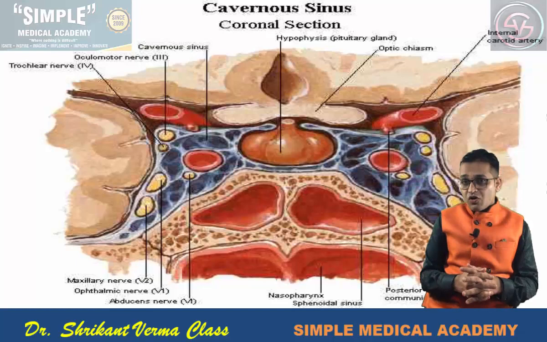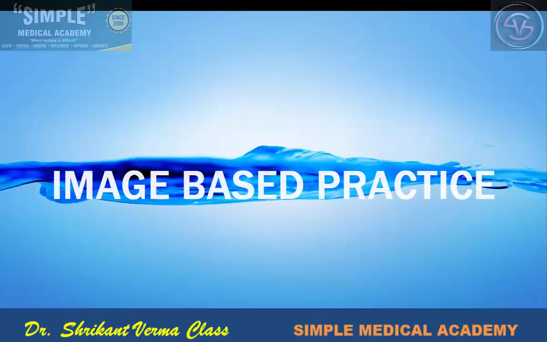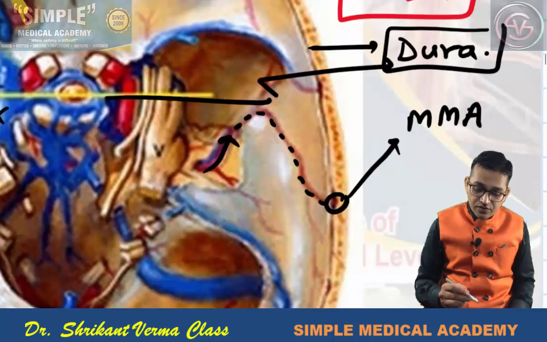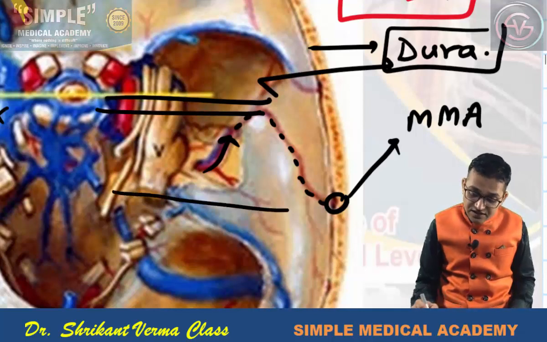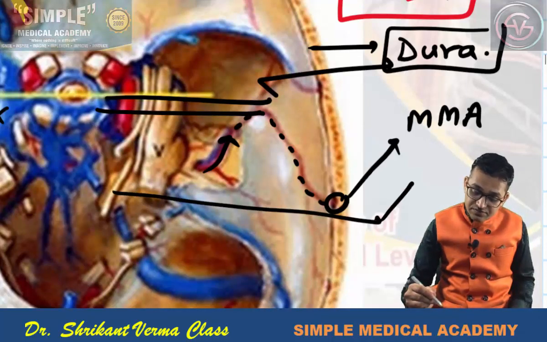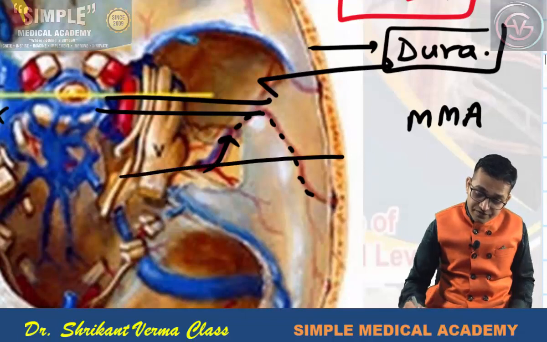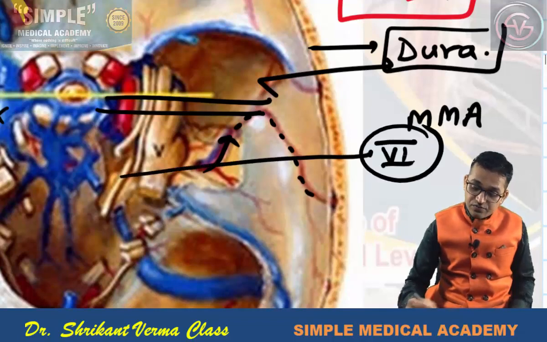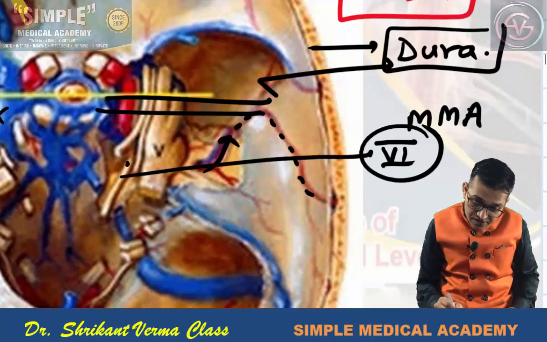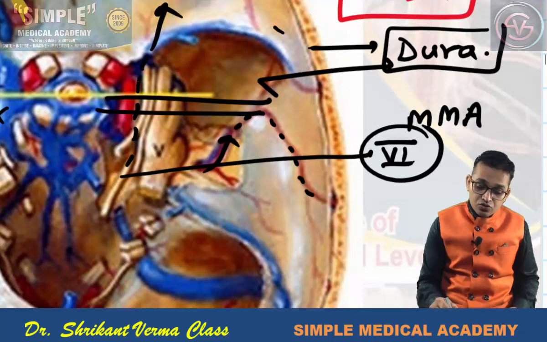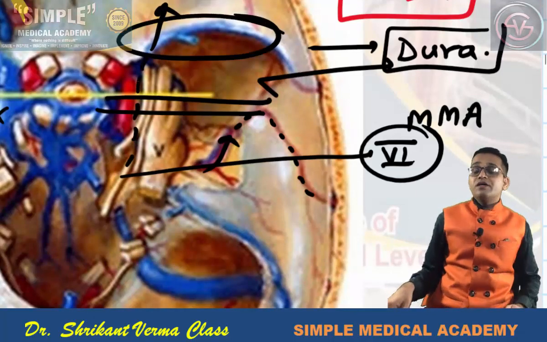So where is the location of the abducent nerve? When we are doing the dissection of the cavernous sinus, removing the cavernous sinus, then we can see that here is the location of the sixth cranial nerve. Now this sixth cranial nerve passes through the cavernous sinus and then goes inside to supply the lateral rectus muscle through the superior orbital fissure.